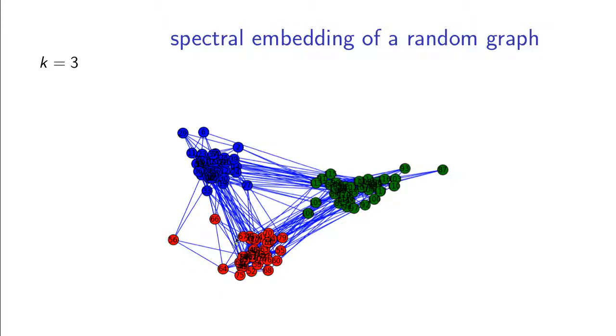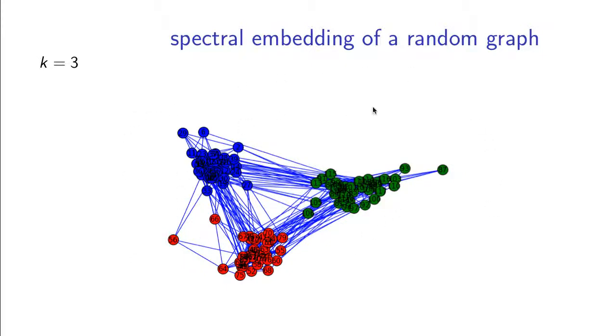Then we computed the Laplacian matrix of this graph, and the eigenvectors corresponding to lambda 1, lambda 2, and lambda 3 for this matrix. The eigenvector for lambda 1 is just all ones, so it doesn't give any information. And then we use the eigenvectors of lambda 2 and lambda 3 to get this drawing.